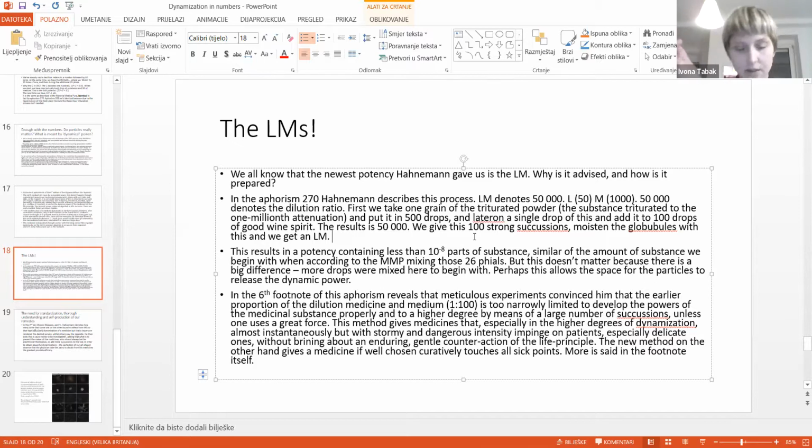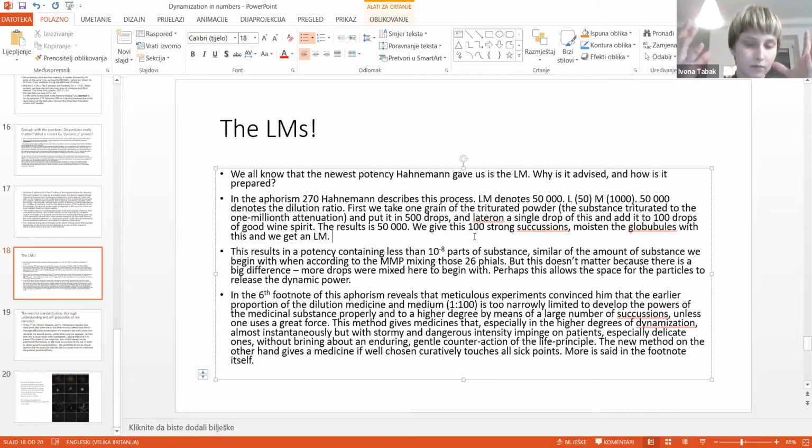So he basically says, if we use this scale of dilution, we will release all of the medicinal power present latently in the crude substance. And by releasing it in this way, we will bring the most benefit to the patient.